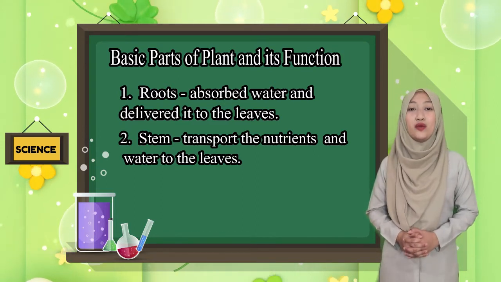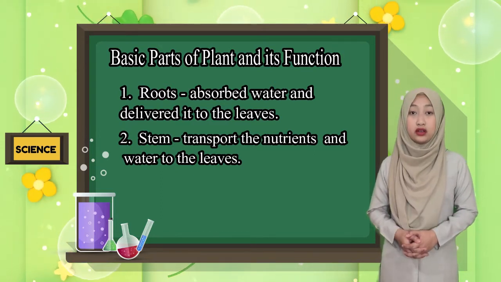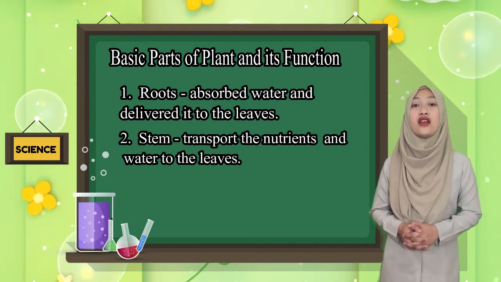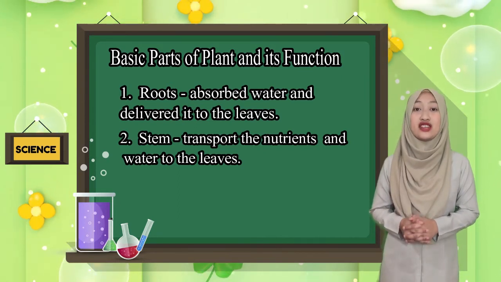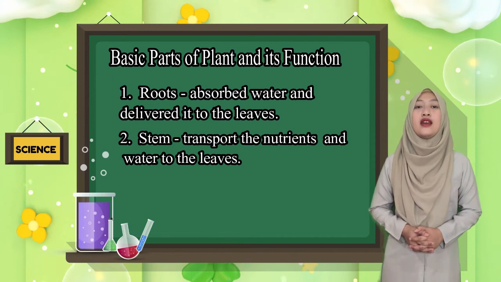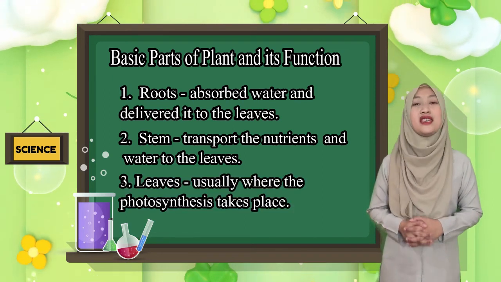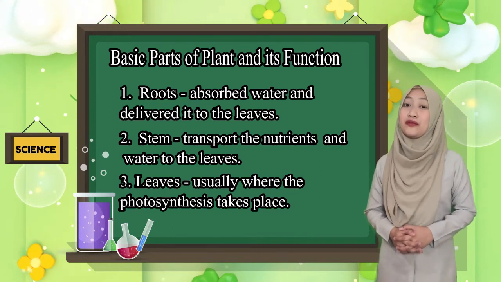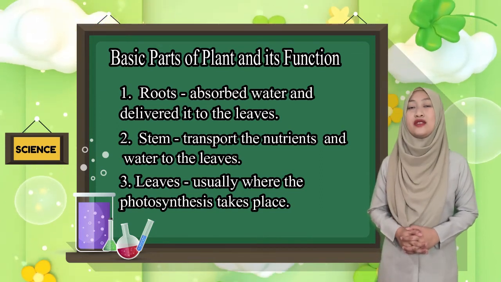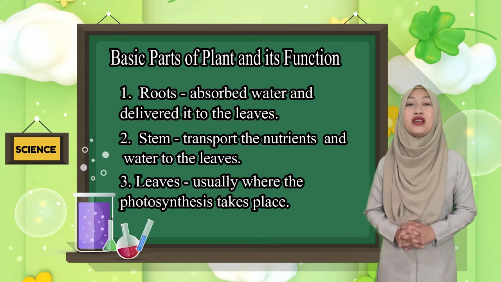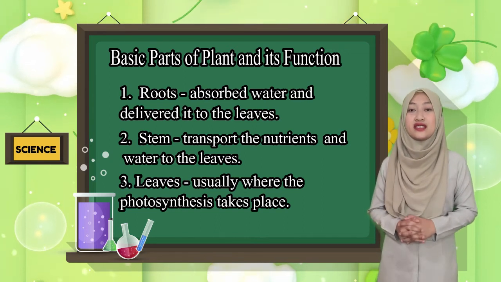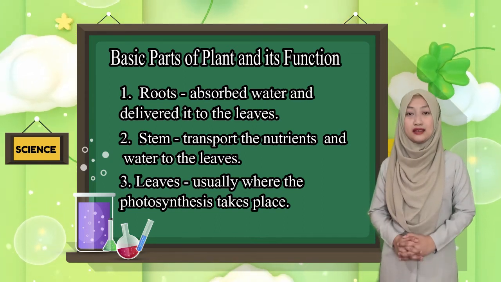The stem is the one that transports the water and other nutrients to other parts of the plants such as the leaves, for example. Number three, we have the leaves. The leaves are the most important part of the plants in the process of photosynthesis. Why? Because the leaves are where photosynthesis takes place.